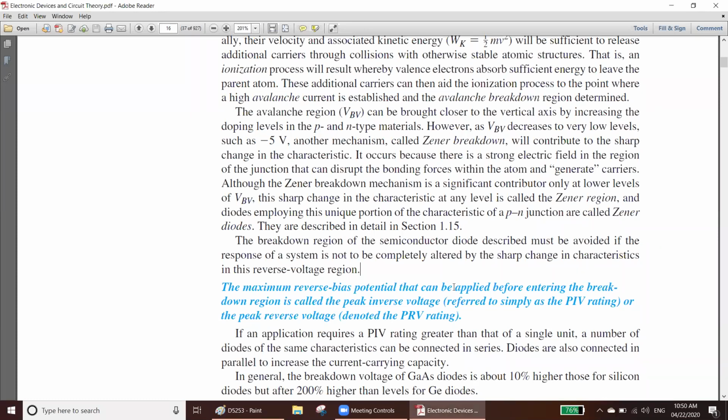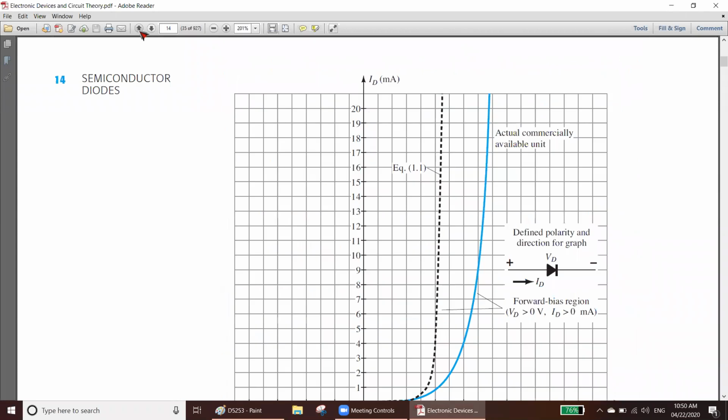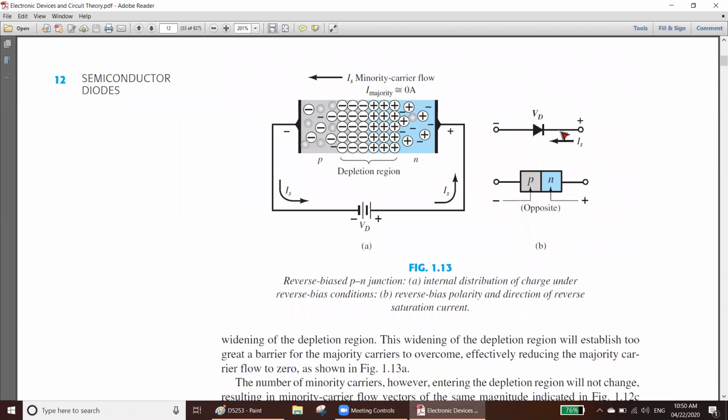Now here, what is the symbol of a diode? Let's go and see the symbol of a diode. Remember, this is the symbol of a diode. This one is the structure.